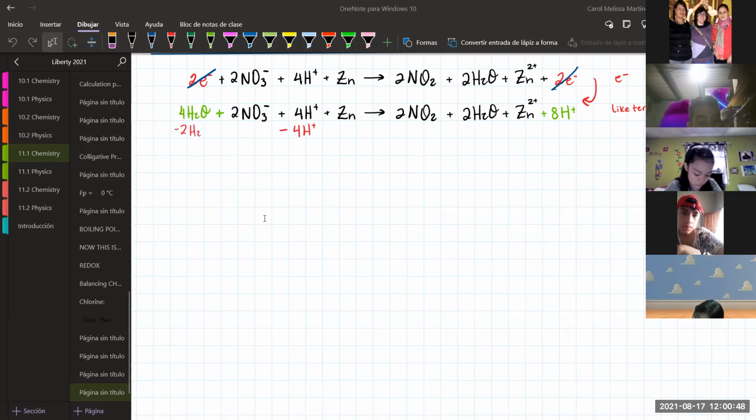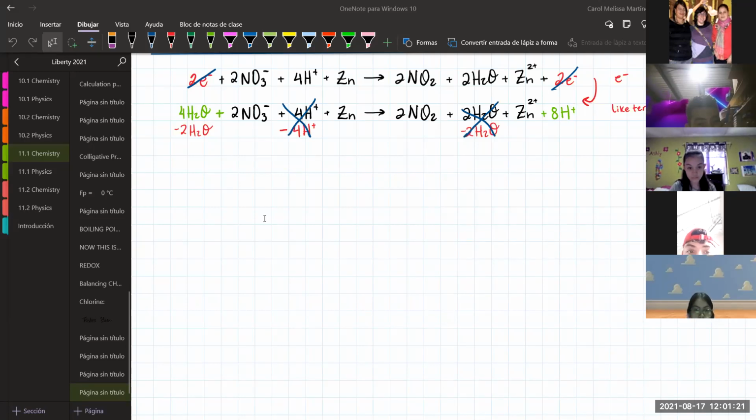Minus 2H2O, minus 2H2O. Este procedimiento nos sirve para eliminar el like term, ¿ok? Porque ese es el propósito. Cuando tenemos like terms, los tenemos que eliminar. ¿Cómo? Restando el más pequeño, el valor más pequeño. So, in this case, 4H plus se cancelarían y 2H2O con 2H2O también se cancelarían.